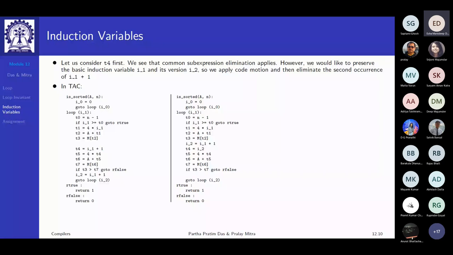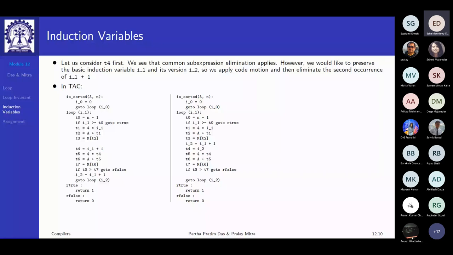Now, this is when you will realize the importance of marking the next iteration value for I, because I2 is a variable which is the value of the basic induction variable in the next iteration. So in this iteration, it is not used at all. So it does not matter where in this loop I actually compute I2.